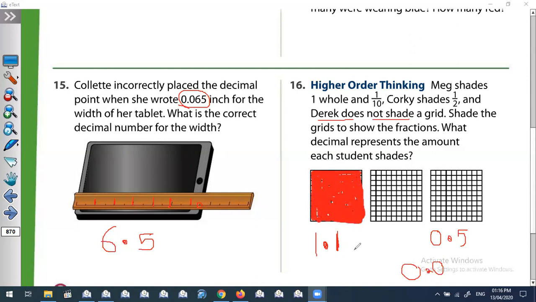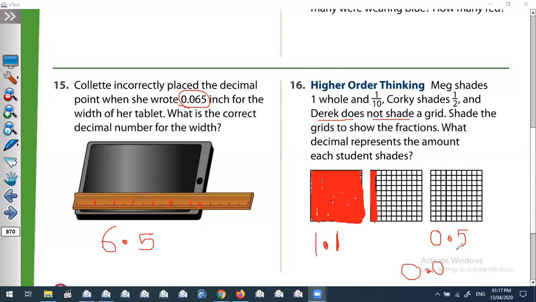What about 0.1? For 0.1, you have to shade only 1 square because you have 1 in tenths, or you can shade 1 column like that to make 0.1. 1 whole, shade the whole figure. 0.1, shade 1 column.